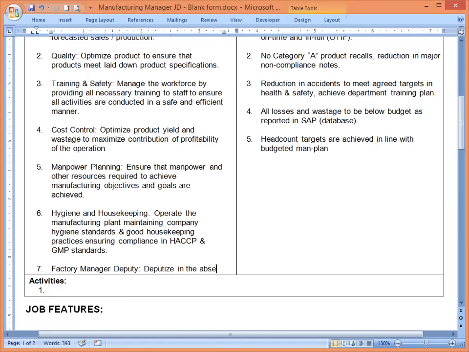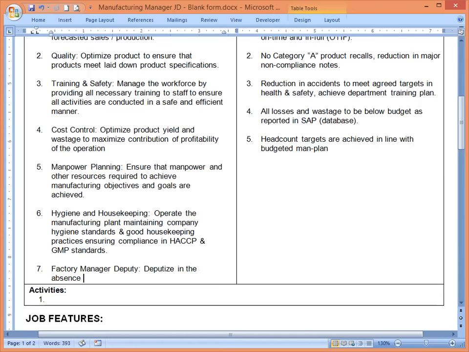Very important that this is also included in the AOR. Because there will be conflict if you don't have this in the AOR. Something happens and nobody deputizes for the factory manager in his absence. They will say, okay, it's not in my role, it's not my job description.